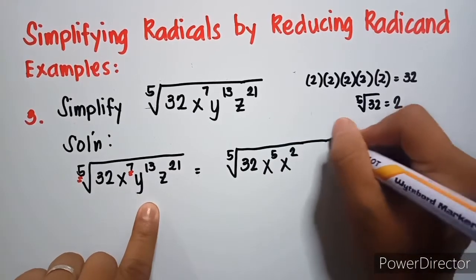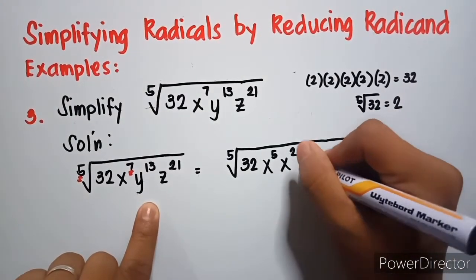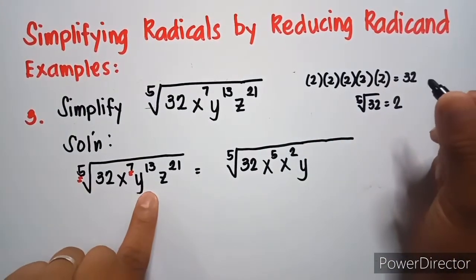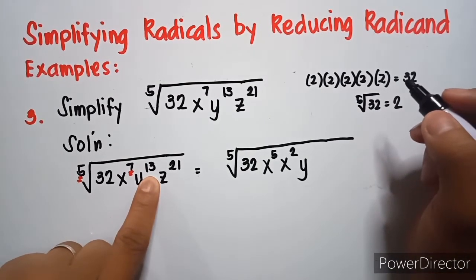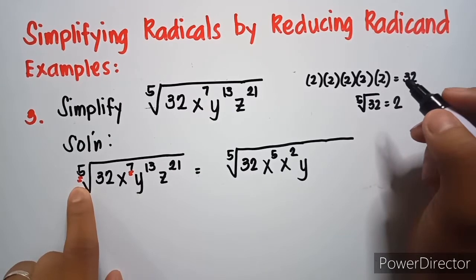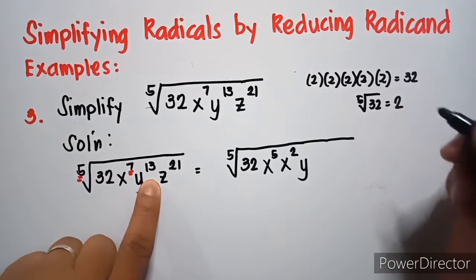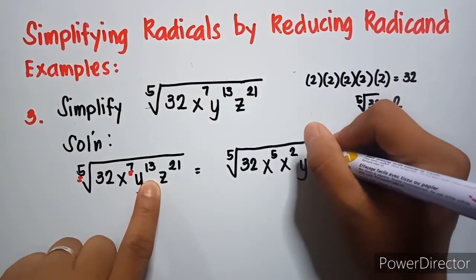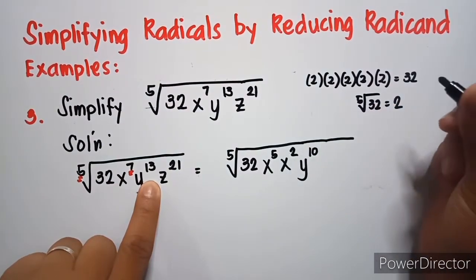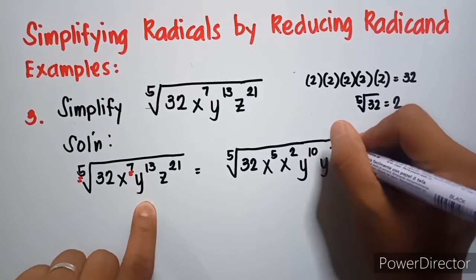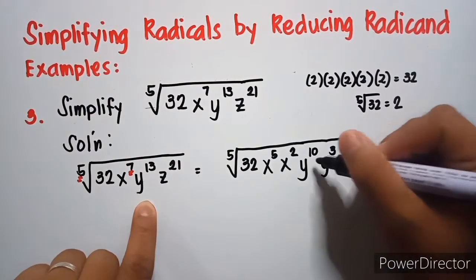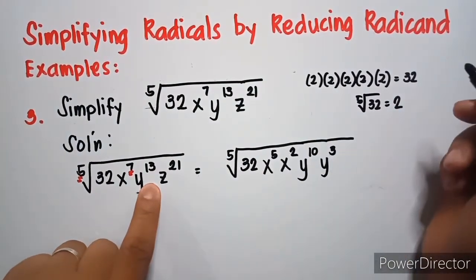I hope you can follow. For y, the exponent is 13. What multiple of 5 is lower than 13? That is 10, so y raised to 10. How many more do we need? 3. So 10 plus 3 is 13.